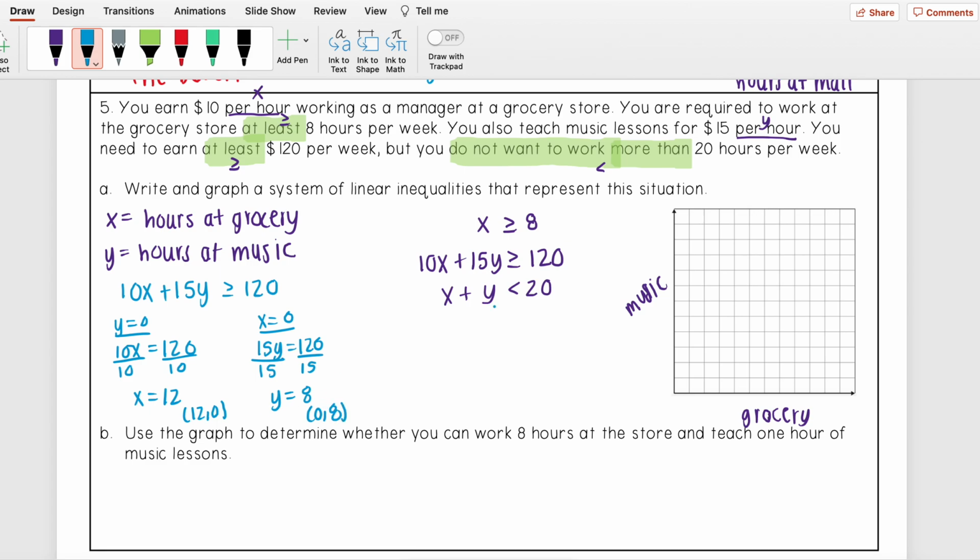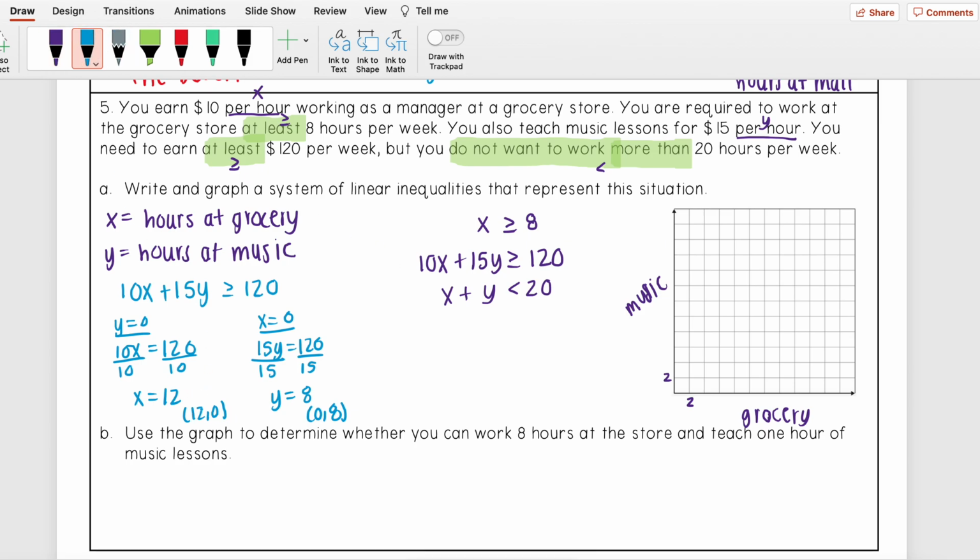So I need 12, I need 8. This one I'm going to need 20. So if I do 2, 4, 6, 8, 10, 12, 14, 16, 18, I'm going to have everything go up by 2. And I'm just going to go ahead and label that first one, and then I need to remember that all of these go up by 2.